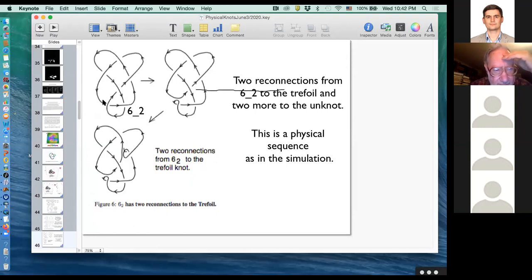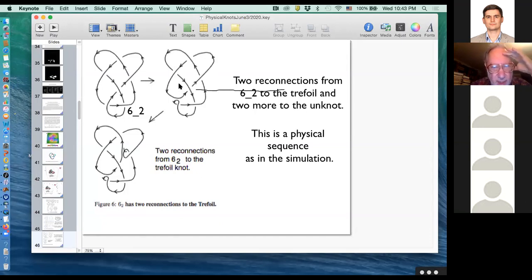Notice that in the diagrammatic world, the reconnection takes you from oppositely oriented nearby curves to oppositely oriented nearby curves. Now I have a link with these 4 crossings between the 2 components. That's the link you saw in the picture.